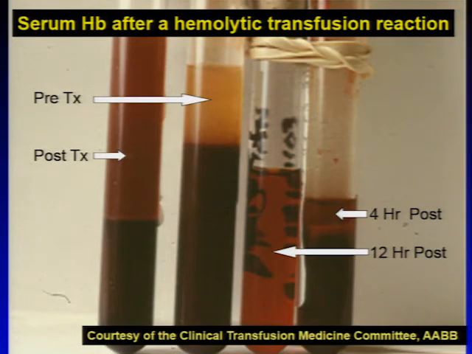So these vials represent serum hemoglobin after a hemolytic transfusion reaction. You can see the pre- and post-transfusion vials are labeled. This was a 22-year-old who presented to an emergency room with pelvic pain and shock. She was found to have a ruptured tubal pregnancy. Basically, blood was drawn, and the lab tech ended up getting the samples confused, and the patient was transfused 2 units of the wrong type.